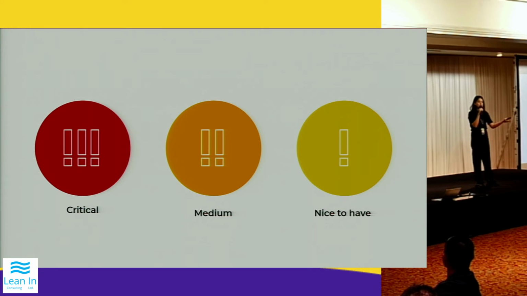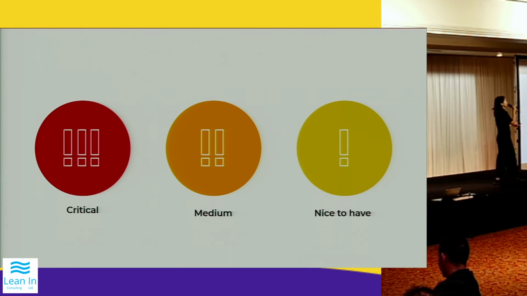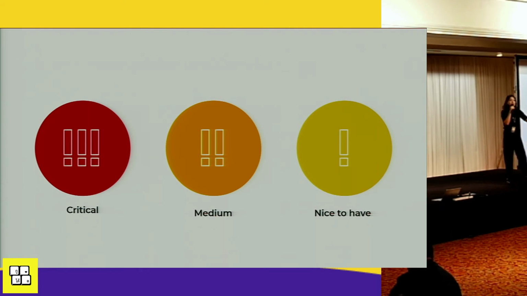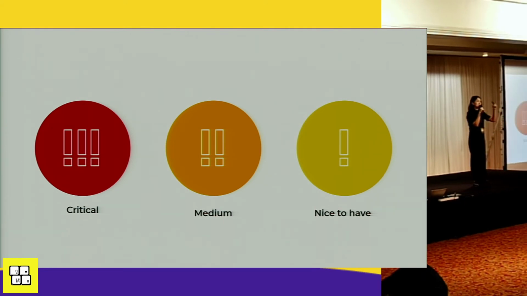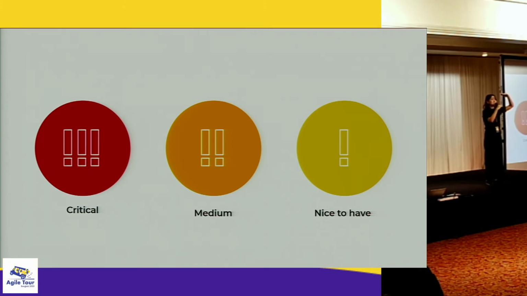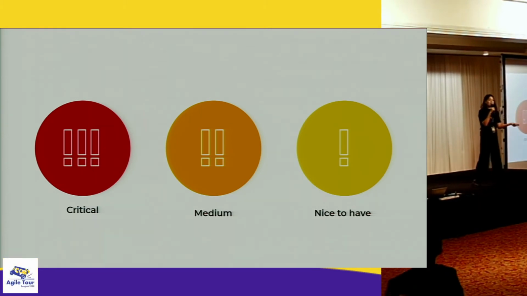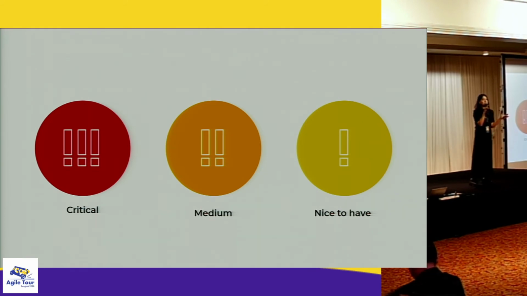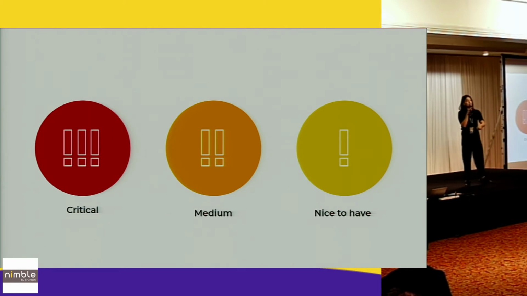For example, the critical item is going to be mostly like the text flow, the UX flow, if the users can intuitively use and follow the process to execute the work. And the nice to have item maybe just the space between the title and the contents, or the font type, those kinds of things. And right now, at this moment, we just focus on the critical items first, so the project can move on. And first, that's how we adapt.